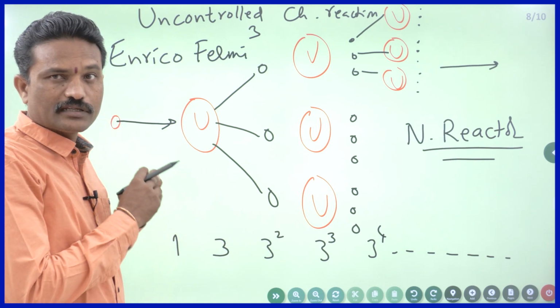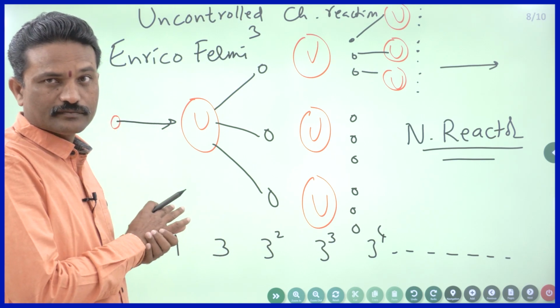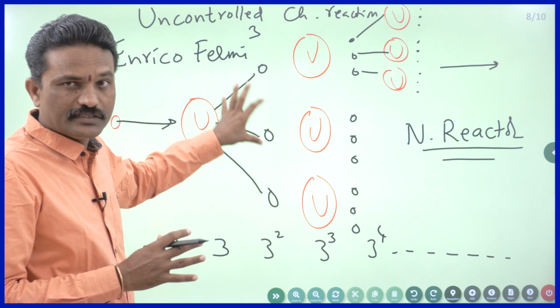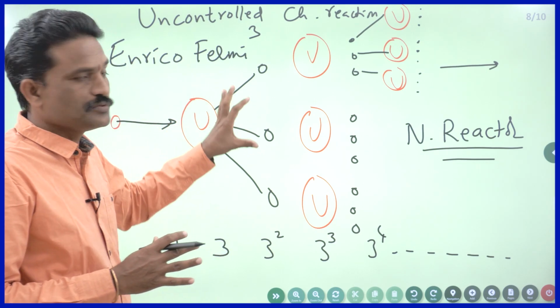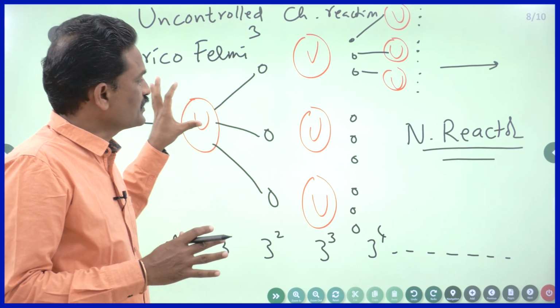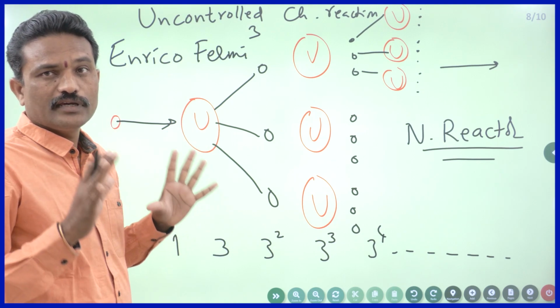That means it can kill many people. It is not at all useful for humankind. But he thought, the same energy-releasing reaction, why can't it be used for the benefit of human beings, for the benefit of mankind? So, he devised a nuclear reactor.